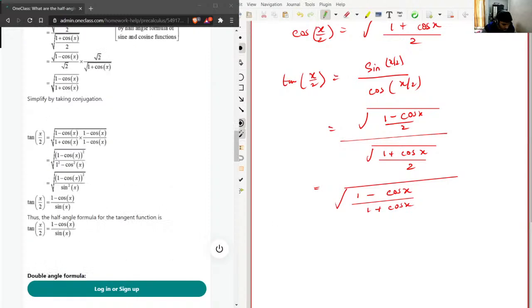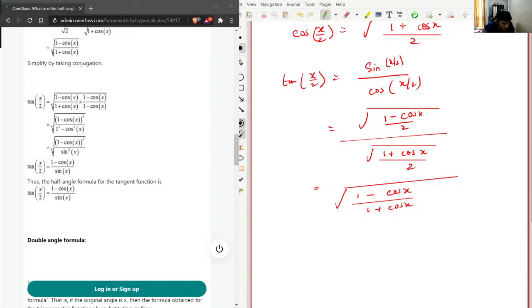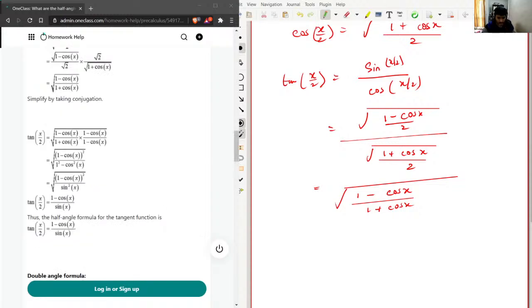Let's just check this. And now what they have done, okay, so they have rationalized also. We'll do the rationalization with 1 minus cosine x over 1 minus cosine x. In the denominator we'll get 1 minus cosine square x, which is sine square x.